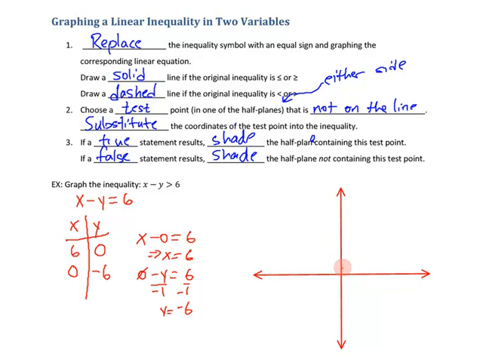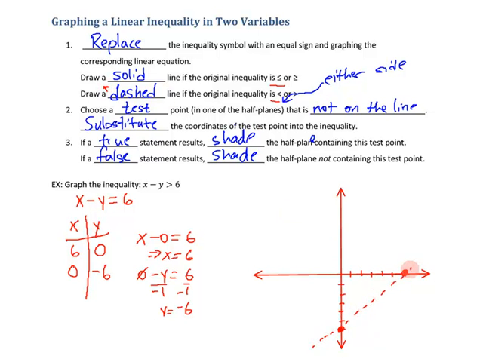So go over 6 and up 0, right there, and then over 0 and down 6, right there. Now I'm going to draw the line. Now I have to check, is it "or equal to," or is it not "or equal to"? In this case it's not "or equal to," so I'll use a dashed line.